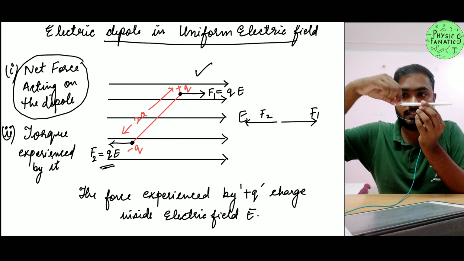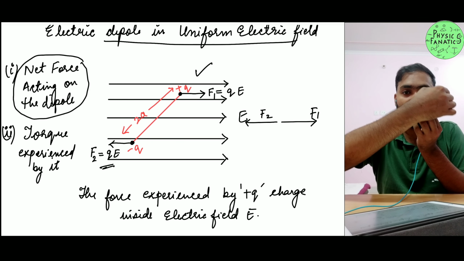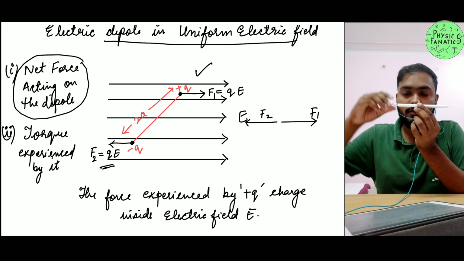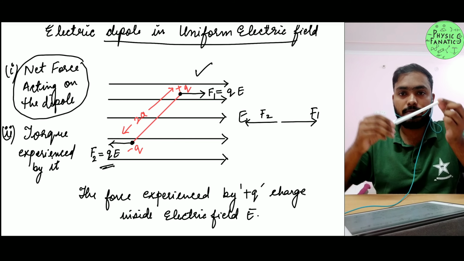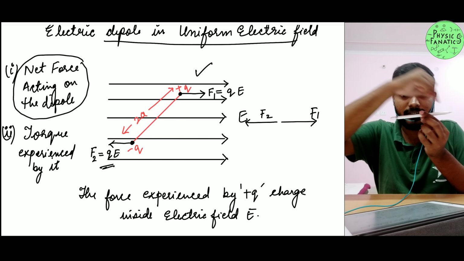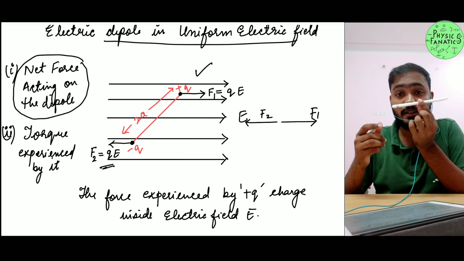You can see the moment I applied this force, it gives it an uprising effect, so there is a couple. The moment I bring this down, this will also come up. This effect is what you call torque, torque on this particular pen.